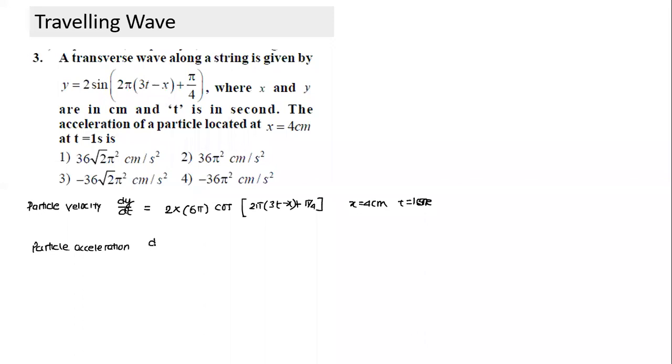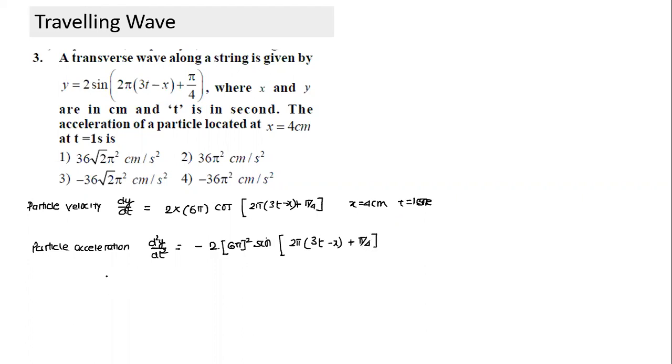Particle acceleration is the second derivative of its motion, which is equal to minus a into omega square, where omega is 6 pi, times sine of 2 pi (3t minus x) plus pi by 4.